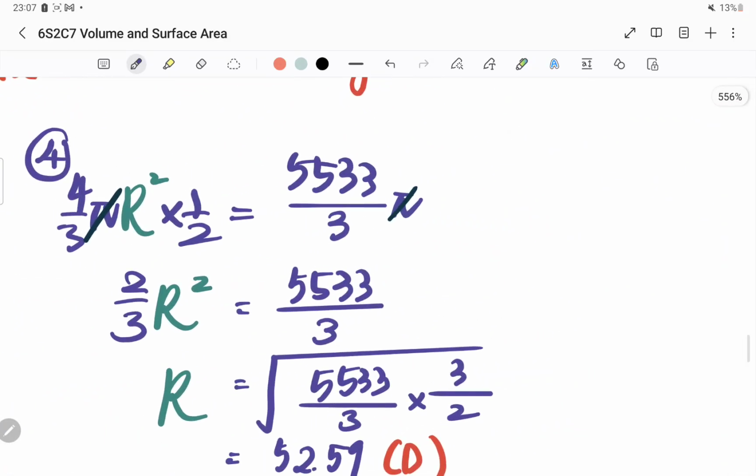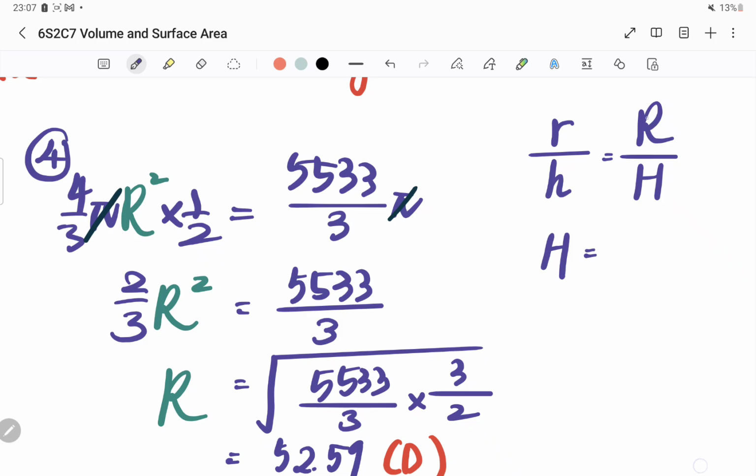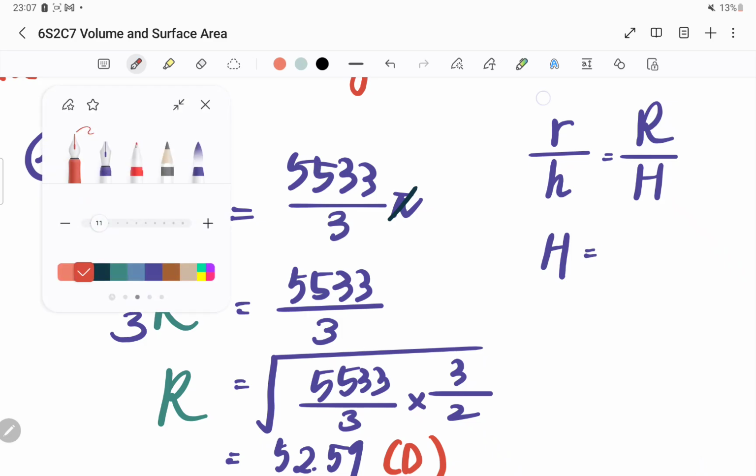Now you do similarity. Your old radius and your old height over your big radius over your new height. The new height is something that you don't know yet. So in this case, new height equals, you cross multiply them.